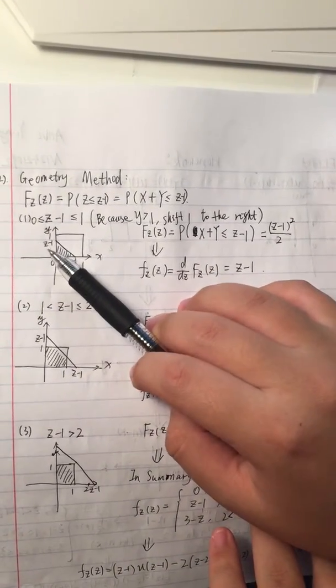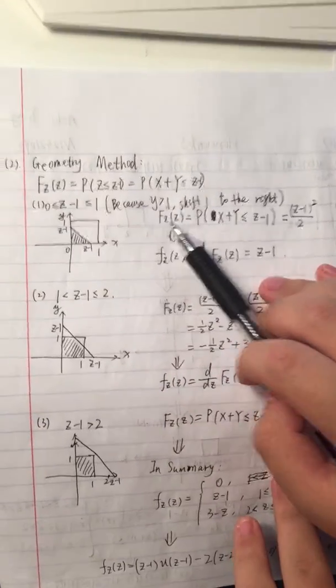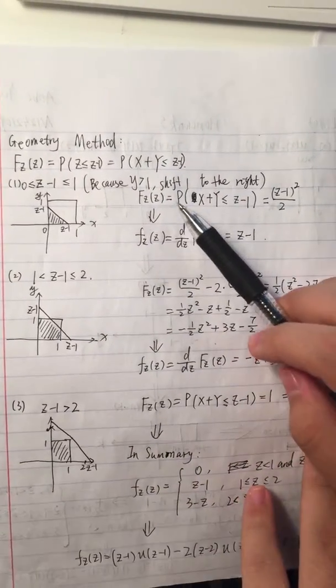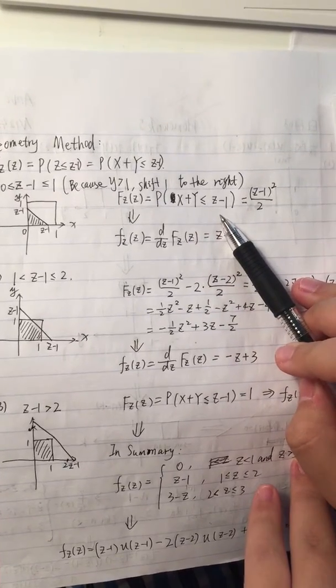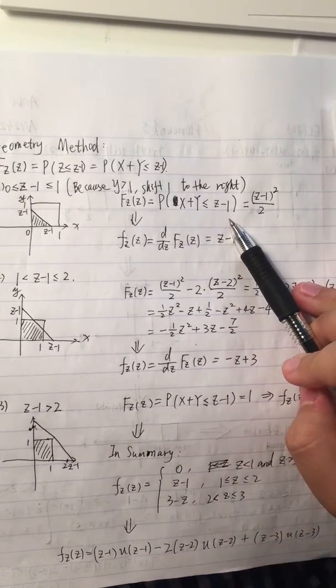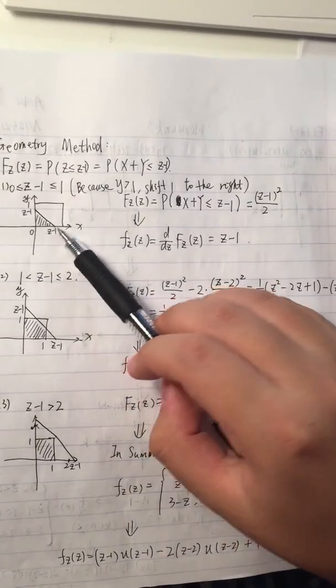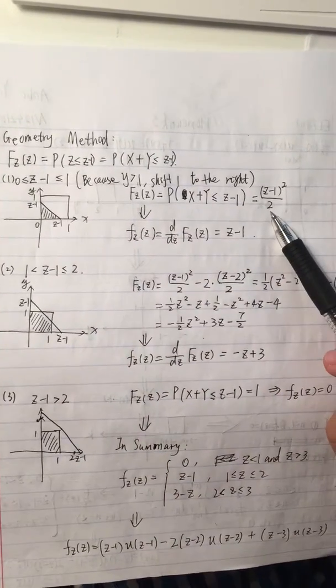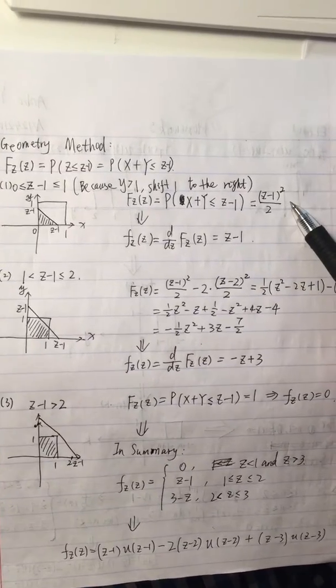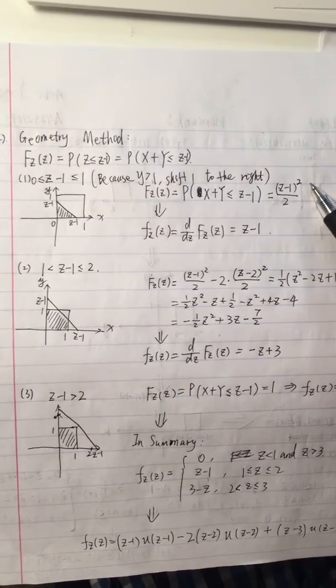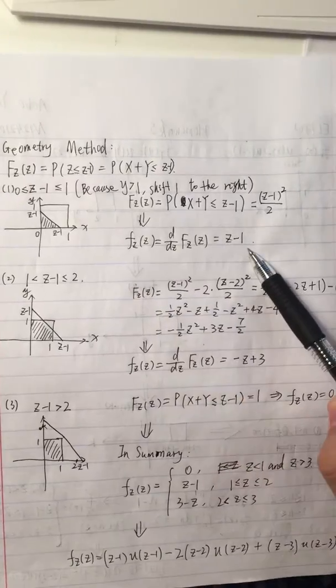So here we write z minus 1 because y is more than 1, and we can find that the area is half of z minus 1 squared, and we do the differentiation of Fz, so we can get fz like this.